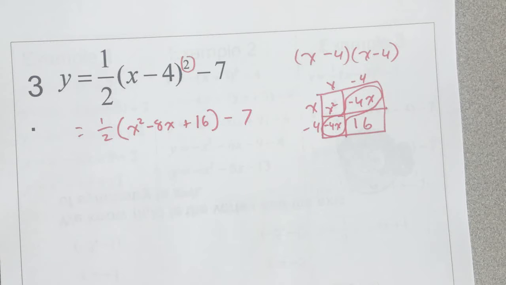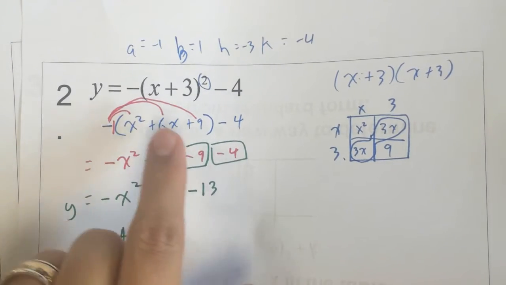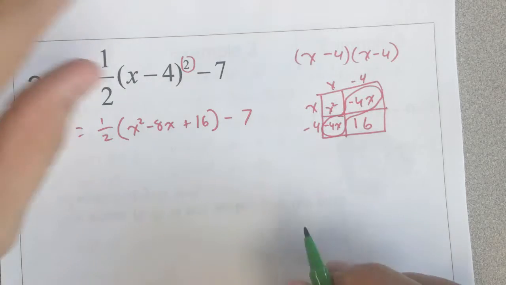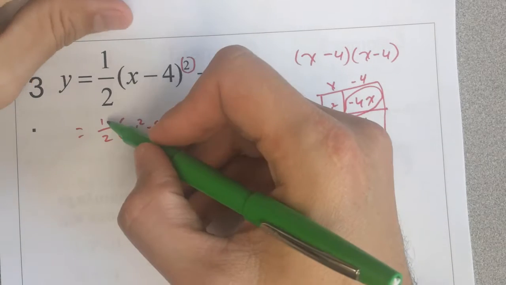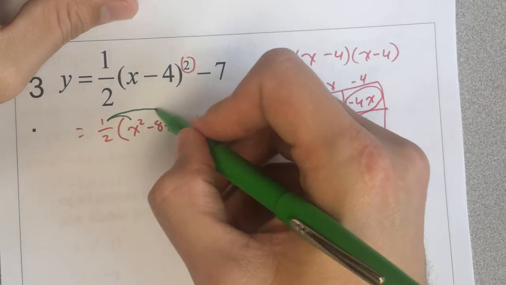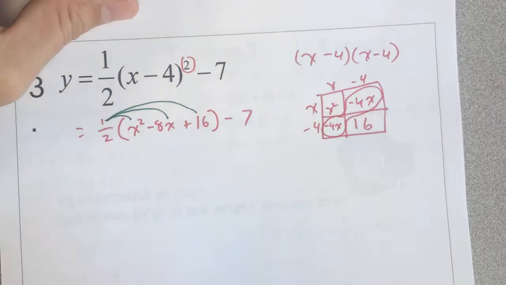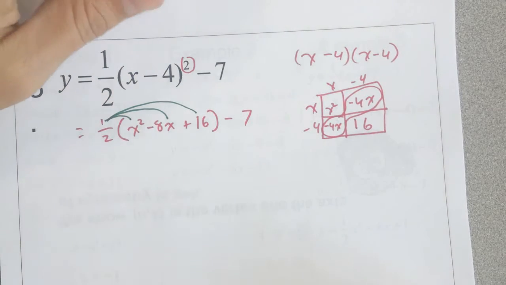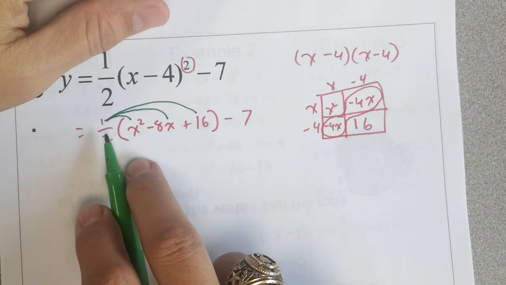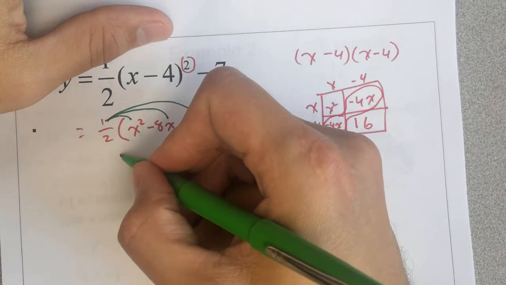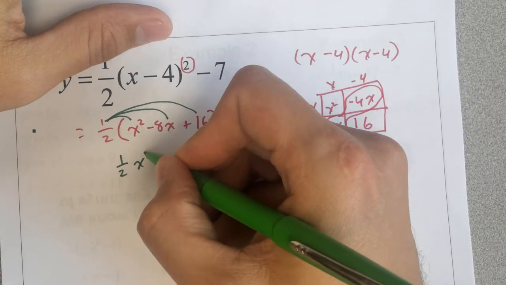Now what I'm going to do is I have to distribute. Last time we did this, we distributed the -1. Now we have to distribute the 1/2. 1, 2, 3 times. We have to distribute the 1/2 3 times. 1/2 times x squared is going to be 1/2 x squared.